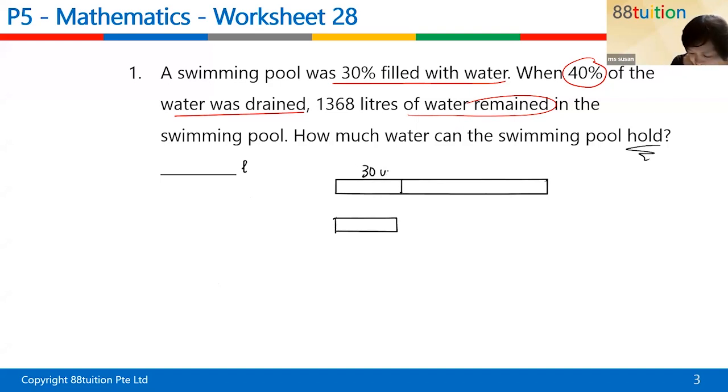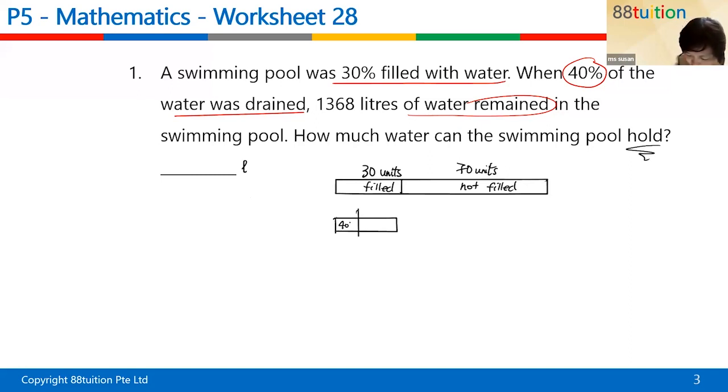And this is 30 units that is filled. This one, 70 units, is the space that is not filled. So when 40% of the water is drained out, it is 40% only.